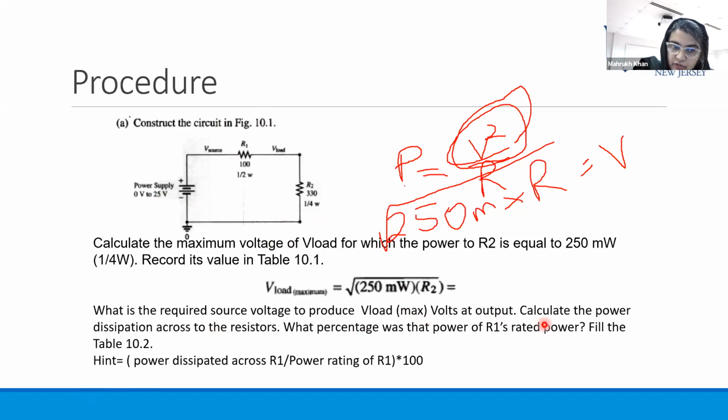Calculate the power dissipation across the resistors. What percentage was the power of R1's rated power? Fill the table 10.2. So how you will find the percentage power is this.